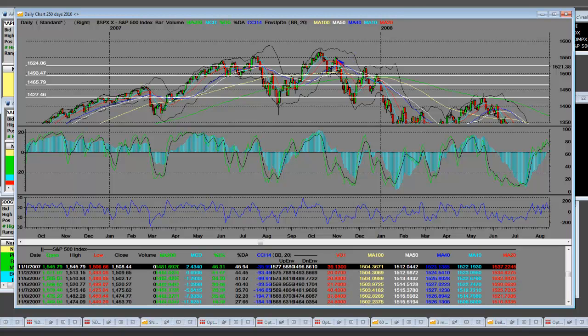That was on 11/1 of 2007. But then we started another one right here, and that was on 2/10 of 2007. This upper trend line is where we're at right now. 1524 is why I drew this right here, because we closed at 1521.38.